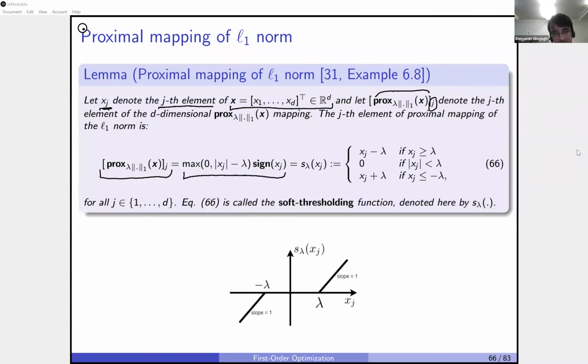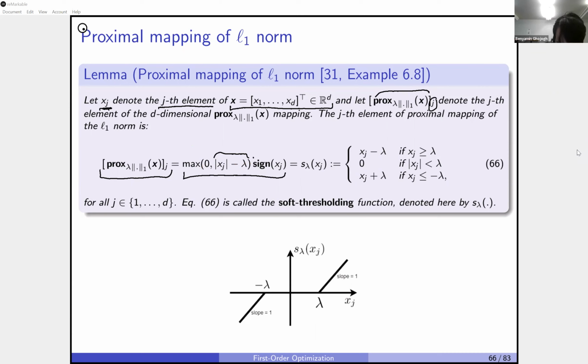We will prove it. It is the maximum of 0 and this term, which is the absolute value of the jth element of x minus lambda. If it's greater than or equal to 0, then this maximum becomes the term itself. If it's less than 0, then this maximum becomes 0.